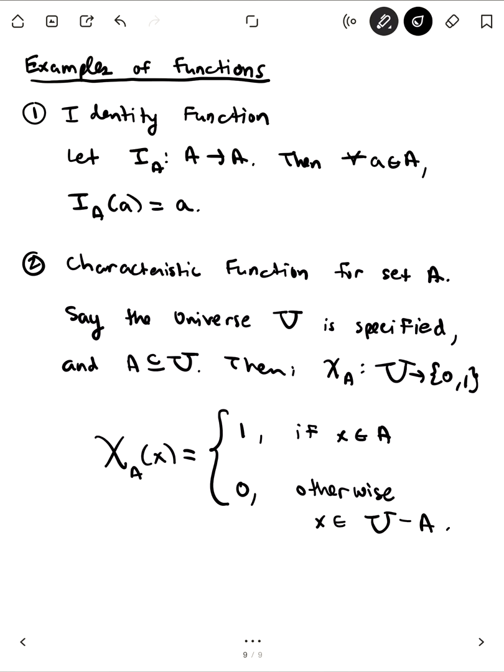You might have seen these in terms of, like, piecewise functions, something like this. So a standard example is the Heaviside function.